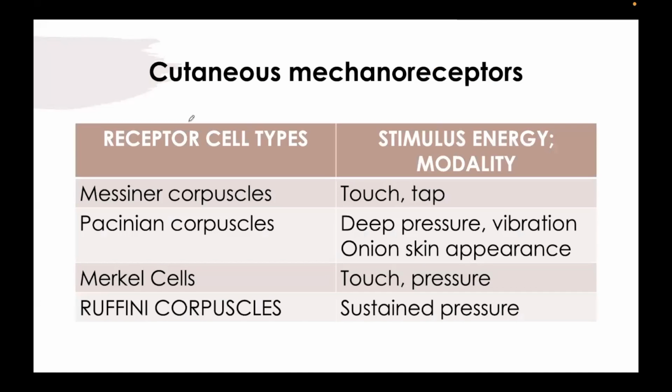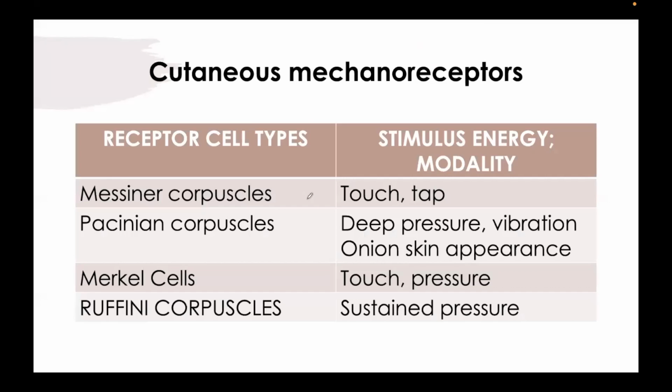Now next, I made a table here. It is somewhat confusing in the textbook, so I made a table summarizing the different cutaneous mechanoreceptors. Meissner's, Pacinian, Merkel, and the Ruffini corpuscles.